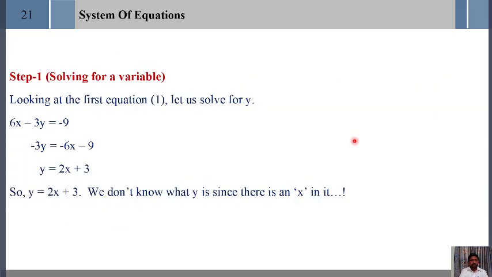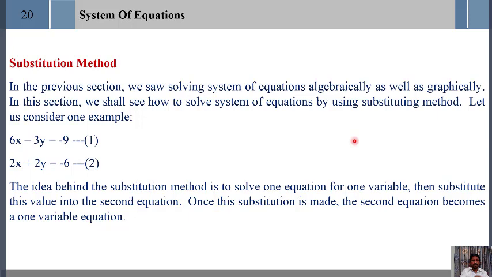For example, solving for a variable. This is step 1. Looking at the first equation, equation 1, let us solve for y. You see, the given two equations are 6x minus 3y equal to minus 9, and 2x plus 2y equal to minus 6. This is a system of two equations given to find the values of x and y.